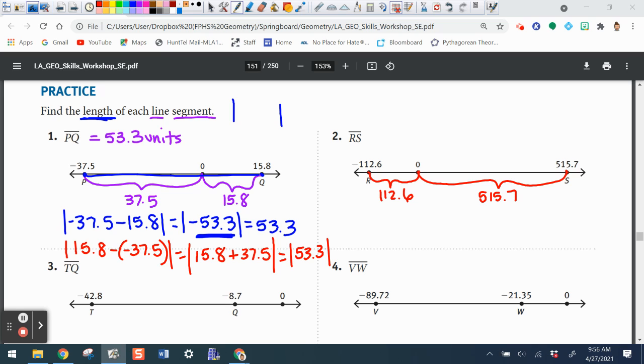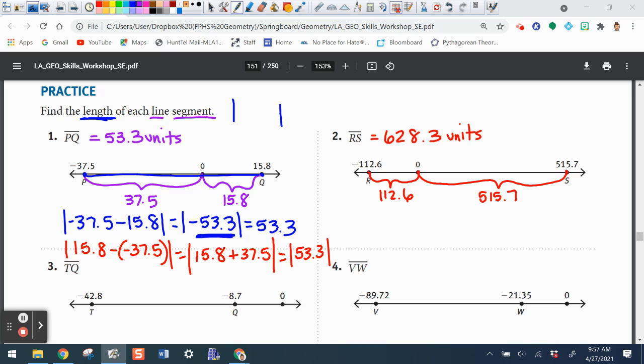So we simply combine those two distances, thus utilizing the segment addition postulate, and we get a total length of 628.3 units.